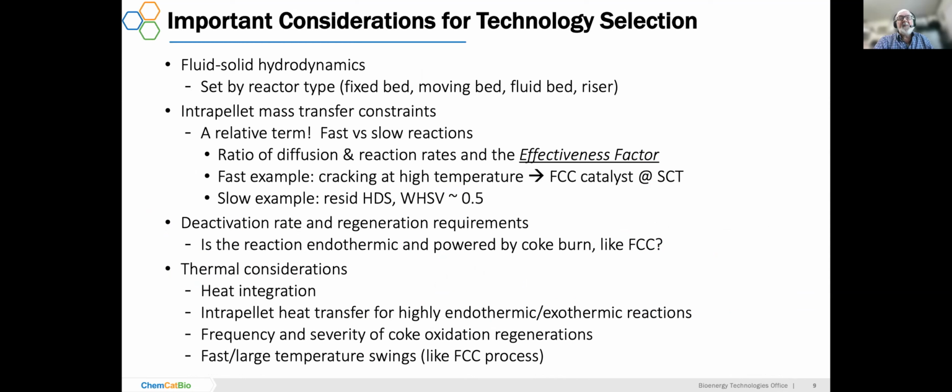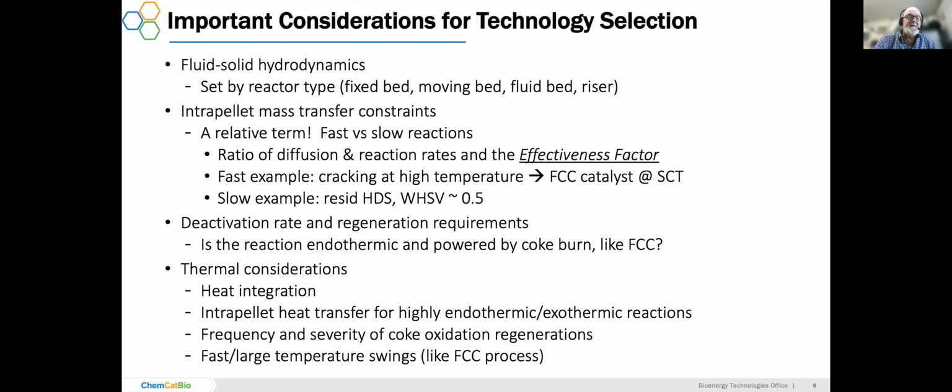So to step back up to a higher level, if we were to sit down and make a laundry list, okay, we've seen the FCC case and we see how deep and intricate that exercise turned into over the years. Obviously, we can't do all that in an ab initio fashion for deciding on a technology and engineered catalyst, but we can list some important considerations that we need to be keeping in mind.